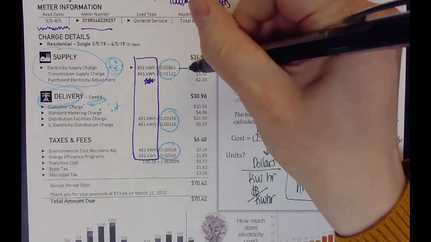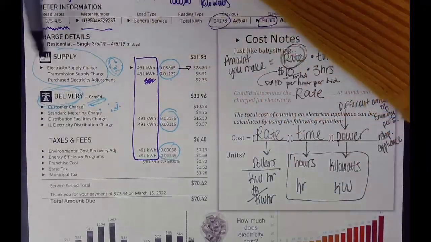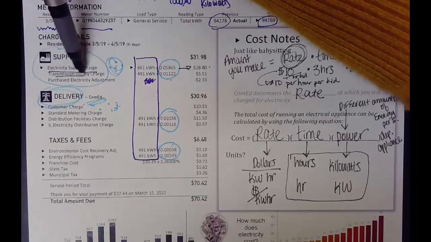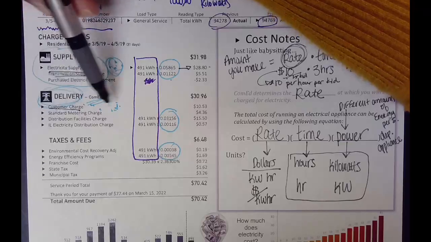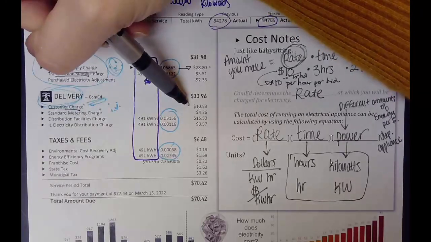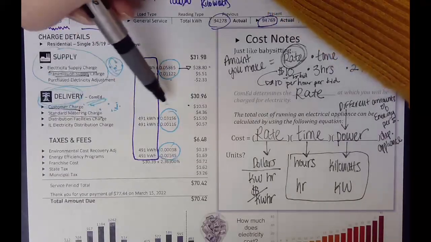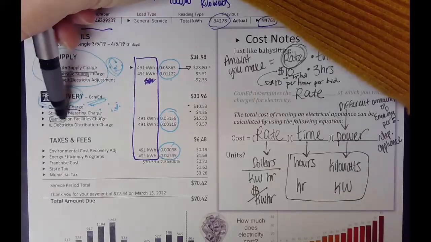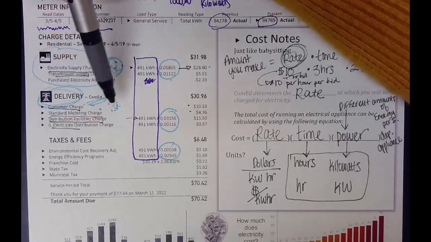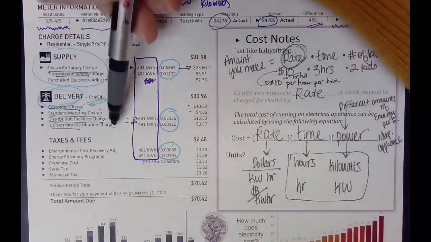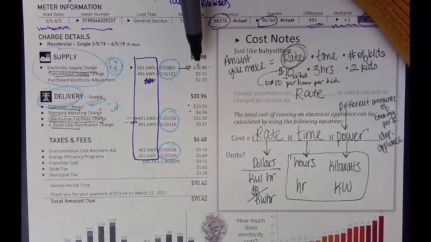And then you see that they charge you randomly for the supply, transmission, the customer charge is, oh, that one's not by your rate, that's just a fee. Standard metering charge, again, just a fee. And then the distribution facilities, they do that per how much you use. Illinois electricity distribution, they're just basically making up all these different reasons to charge you a lot.